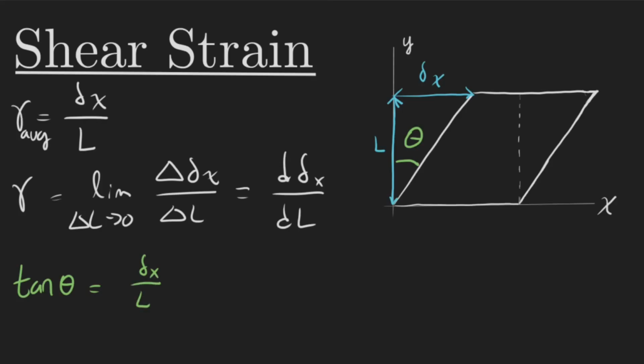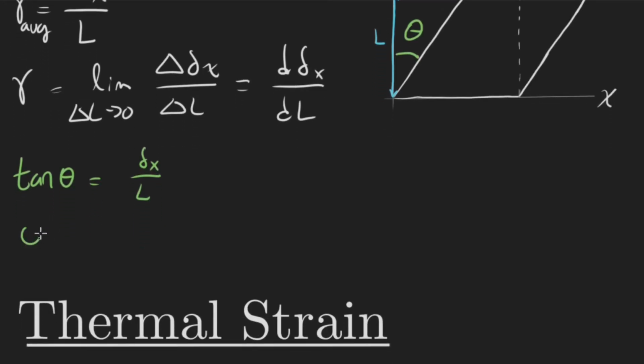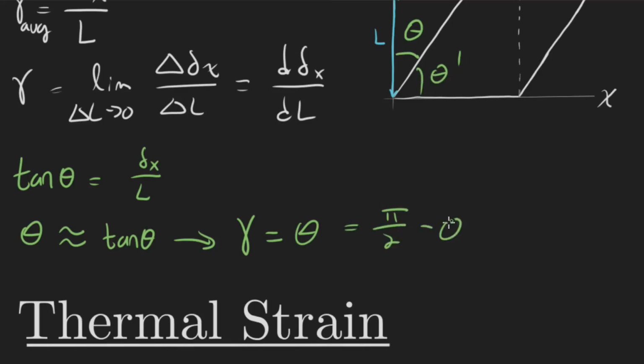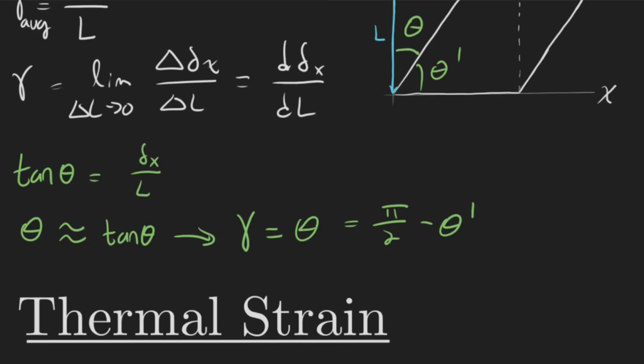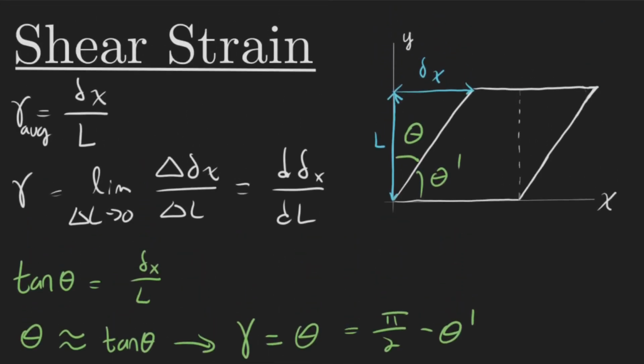But with the small angle approximation, we can say that theta is approximately equal to tangent of theta, and therefore our shear strain, you'll sometimes see it as basically just our change in angle. So it's equal to this theta right here, or sometimes they'll call this theta prime, and then it's equal to pi over 2 minus theta prime, because shear strain basically measures how the shape changes with respect to some axes.